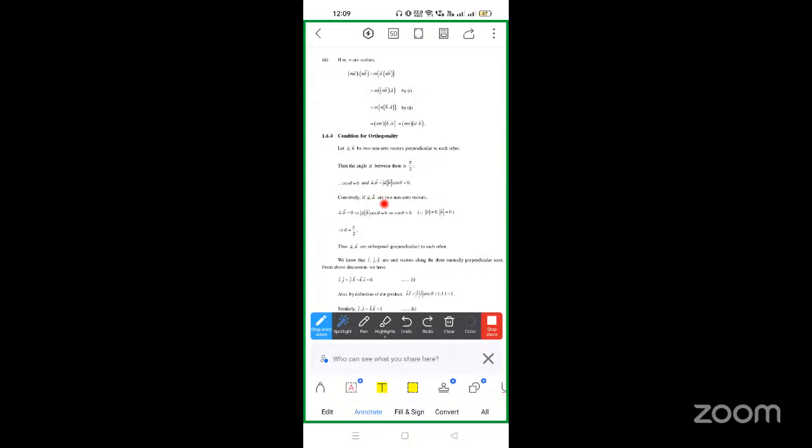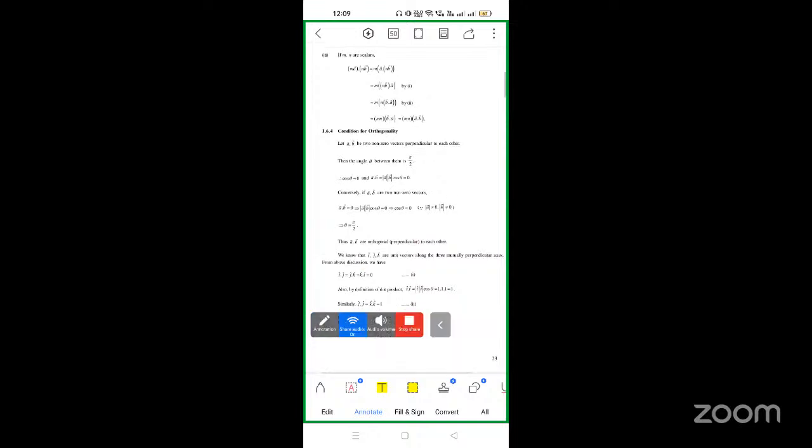Conversely, if A, B are two non-zero vectors and A dot B is equal to 0, then mod A into mod B cos theta is equal to 0. When cos theta is 0, theta is equal to pi by 2. So therefore theta is equal to pi by 2. Thus A, B are orthogonal, that is, A, B are perpendicular vectors.